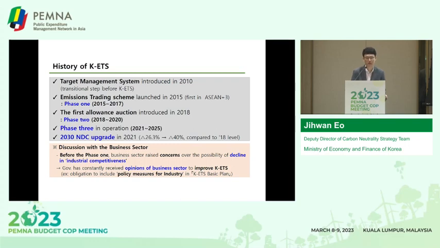The business sector has been and is still raising concern on K-ETS impact on its industrial competitiveness. For this reason, the Korean government has been keen on trying to reflect the voice of business sector. One of the example is to include policy measure for the industry when making K-ETS basic plan on 5-year basis.